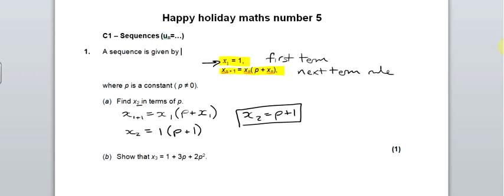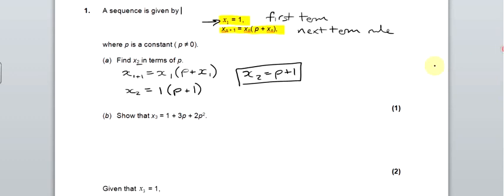Now, what do they want us to do next? It says show that x3, the third term, is equal to this thing here. So x3, the third term, that's going to be x2 plus 1. Notice I'm just having a look here really. So that's going to be the second term, x2 times p plus x2.